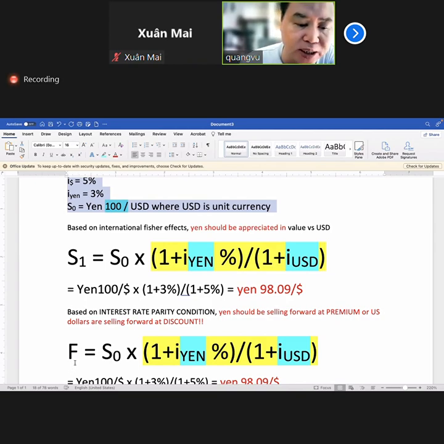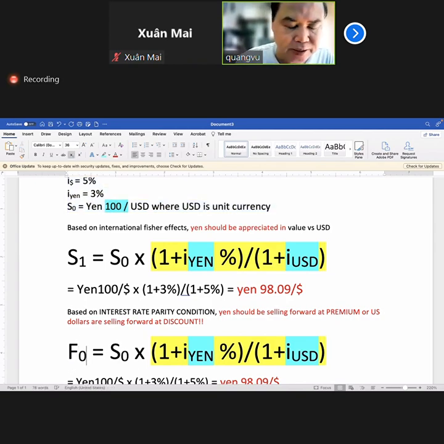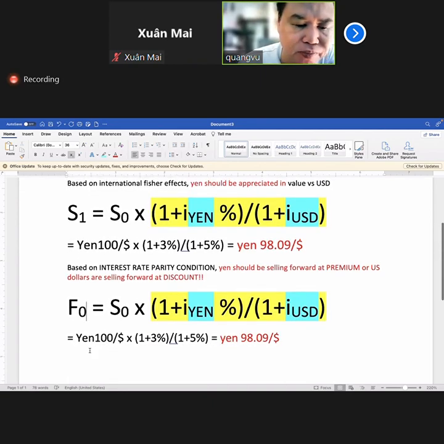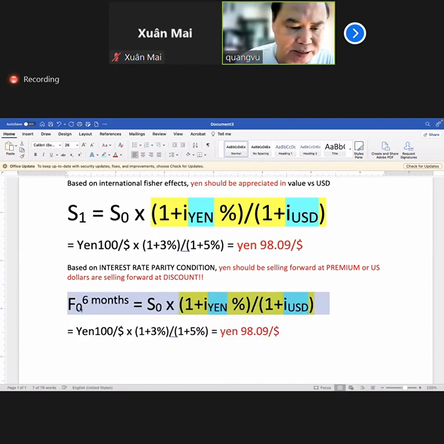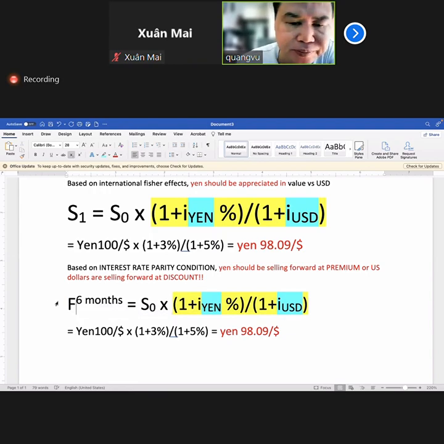Or the forward rate determined today and offered to you right now is, let's say the forward rate for 6 months, exactly the same formula.